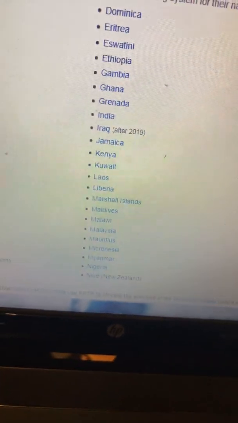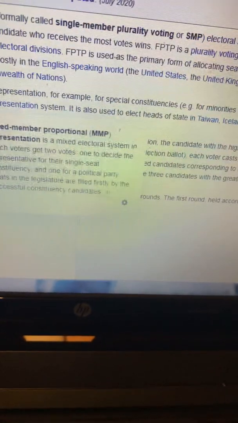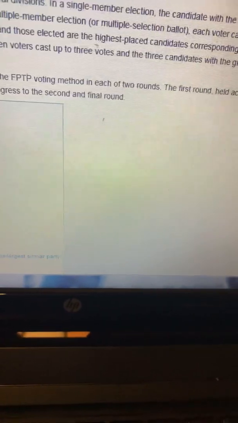It is a list of countries which use the first past the post.